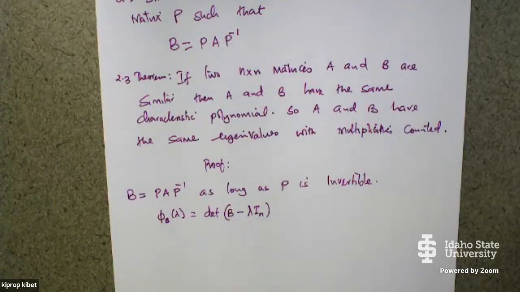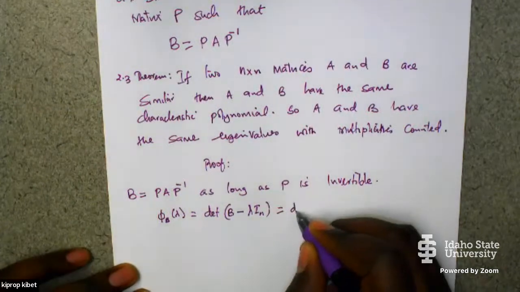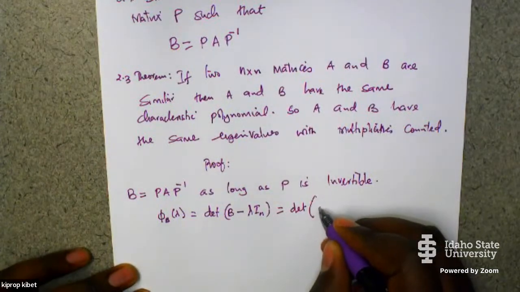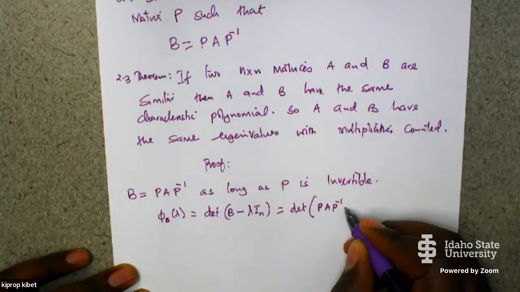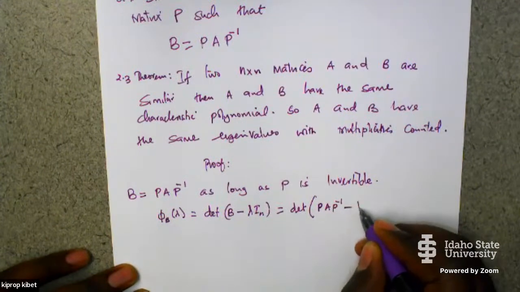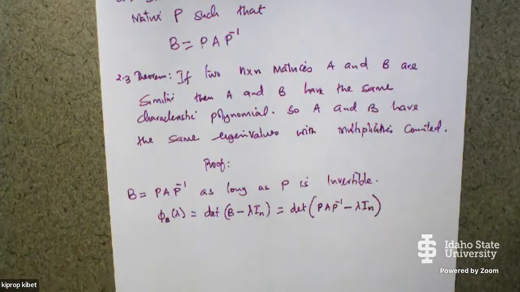Now we are saying that B is equal to P A P inverse, so we can replace this. So this is also equal to the determinant of P A P inverse minus lambda I n.